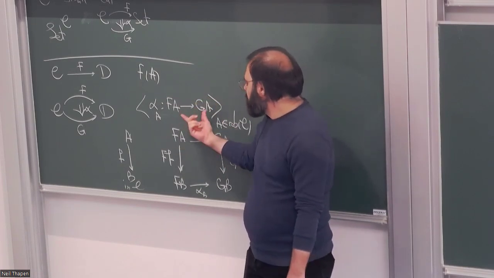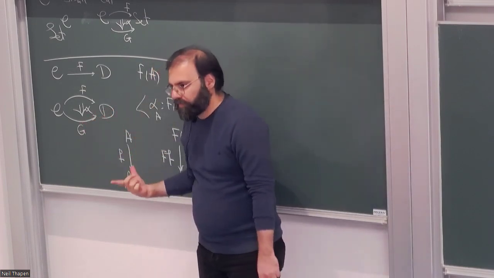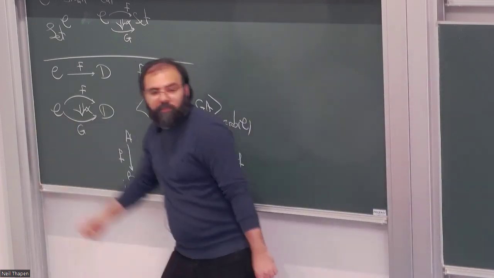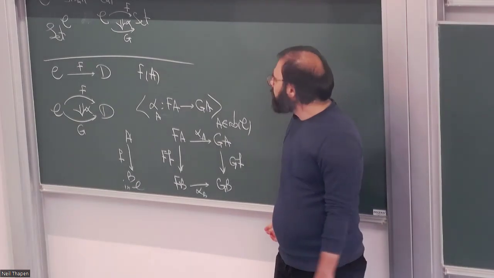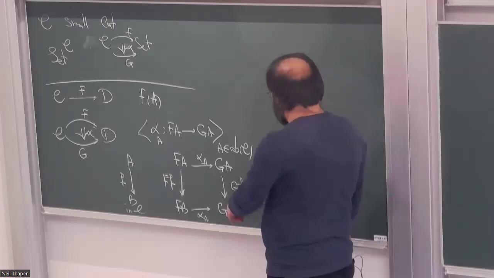Therefore, it is just something that lives in D, but in a uniform way. A is an object in C. And we also had some examples of this.